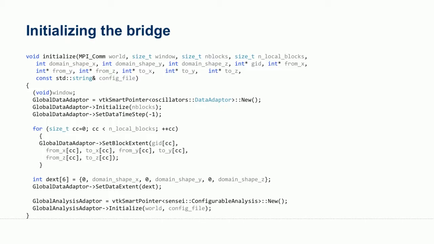So from XYZ to XYZ. These are little arrays that specify the extents, I think.